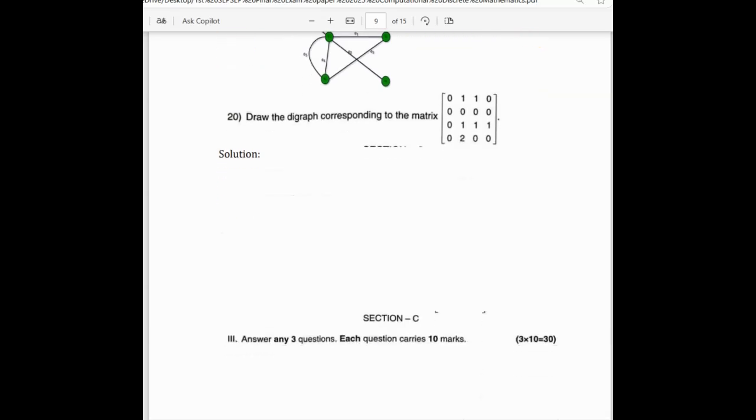Then next one. Draw a digraph. Digraph means directed graph corresponding to the matrix. So we have to draw a digraph for the corresponding matrix. We'll make this as a matrix now.